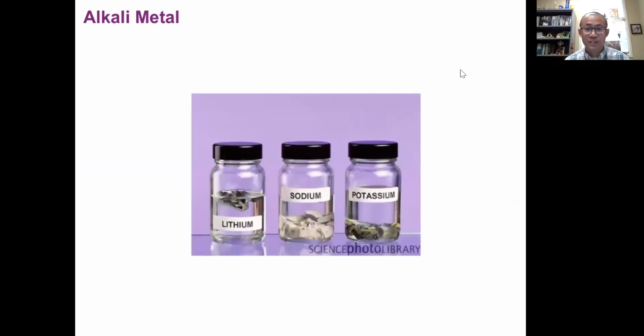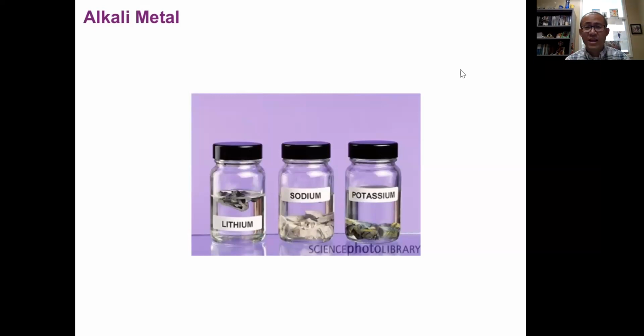First, this is a picture showing you 3 of the alkali metals, group 1A metals: lithium, sodium, and potassium. You notice that these metals are stored in a liquid, and that liquid is actually mineral oil. The reason they have to be stored in oil is that these metals are super reactive.